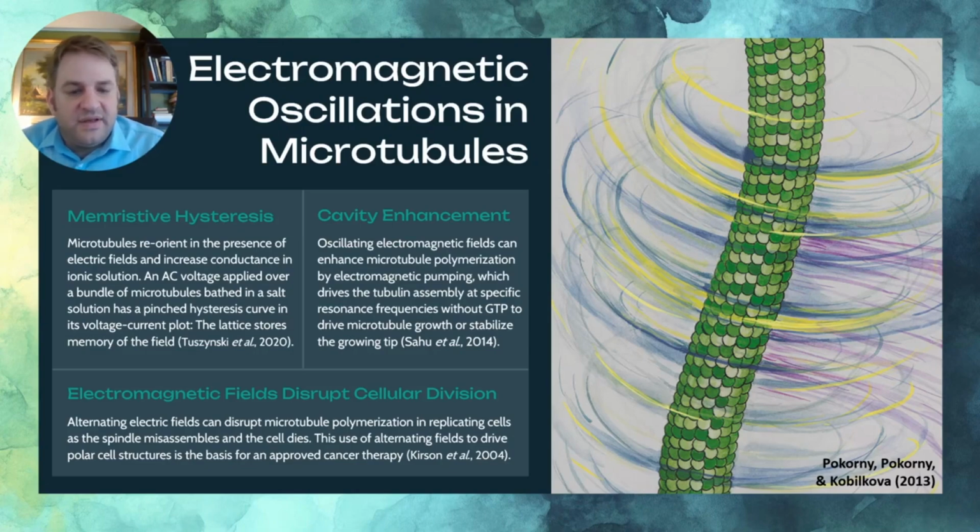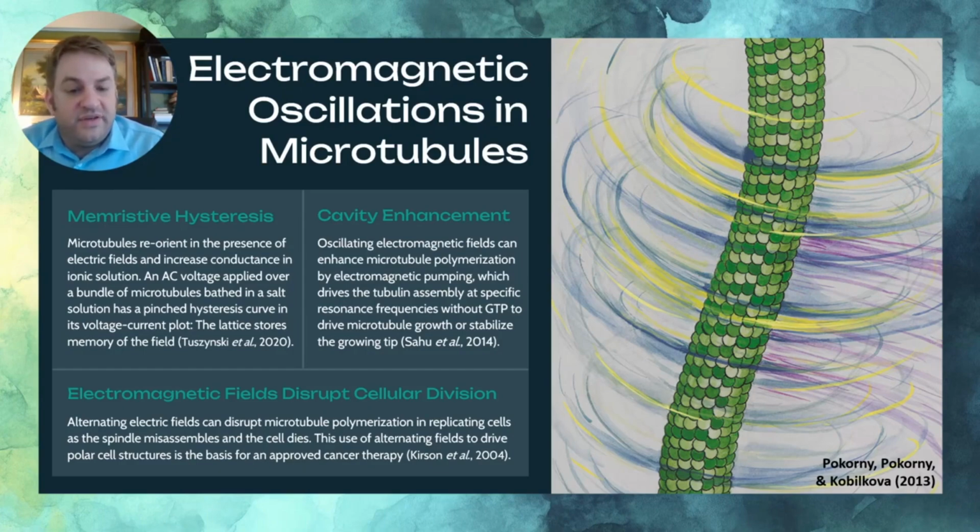Now, this is actually not that surprising because electromagnetic fields have also been known to disrupt the microtubule's role in cell division, which of course is very important to form the spindles that actually pull the two daughter cells apart during cell division. Alternating electric fields can disrupt microtubule polymerization in replicating cells as the spindle misassembles, that is to say, assembles incorrectly, and the cell dies.